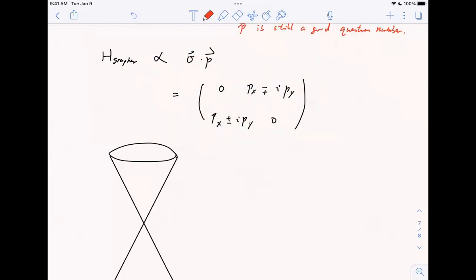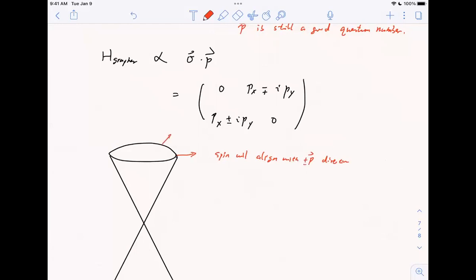So the spin will be up and down in that p direction. Your spin will align with the p direction, plus or minus p direction.